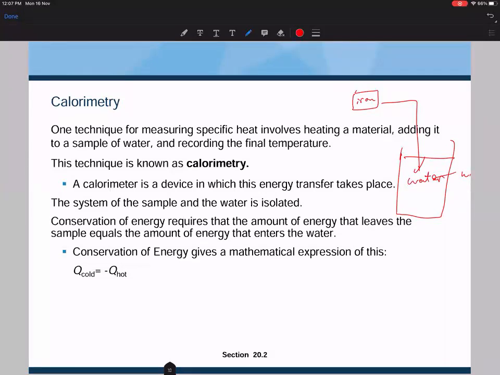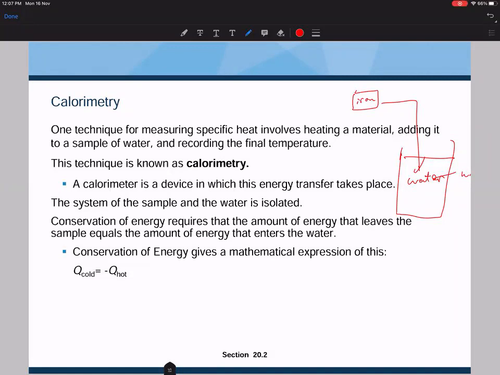Assuming no energy loss to the surrounding, well, that is a very common expression used in calorimetry, you have only the heat energy transfer between the iron and the water.